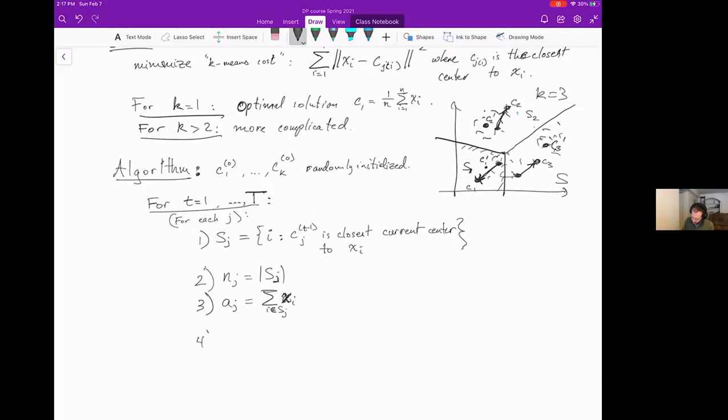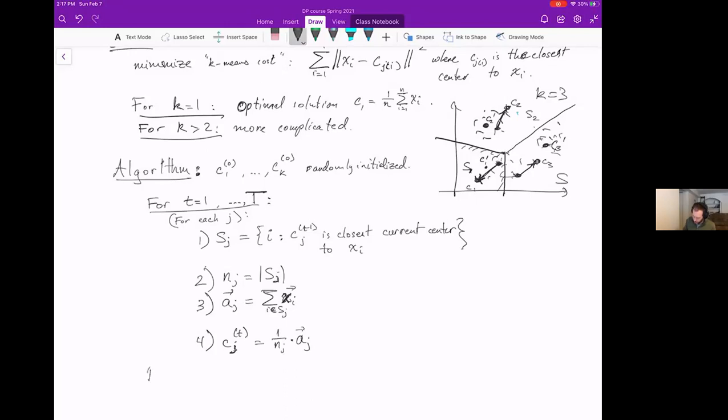Then my new cluster center Cj of t, for the tth time step, is just the ratio of these things. aj is a vector, nj is a number. Maybe it's more intuitive to write it as 1 over nj times aj. Here aj is a vector, as are the x's. So this is the algorithm.